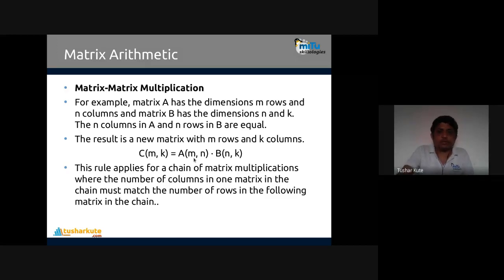That is, m rows and k columns equals m rows and n columns times n rows and k columns. This rule applies for a chain of matrix multiplications, where the number of columns in one matrix in the chain must match the number of rows in the following matrix in the chain.